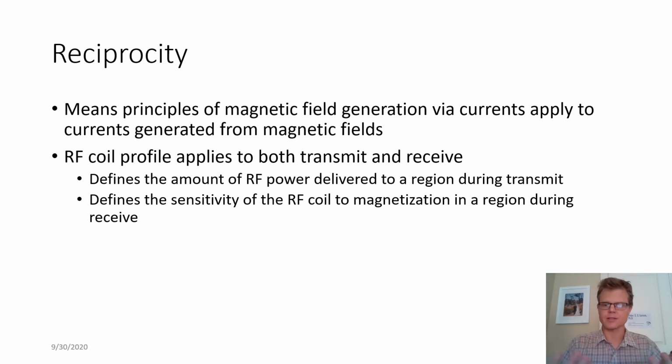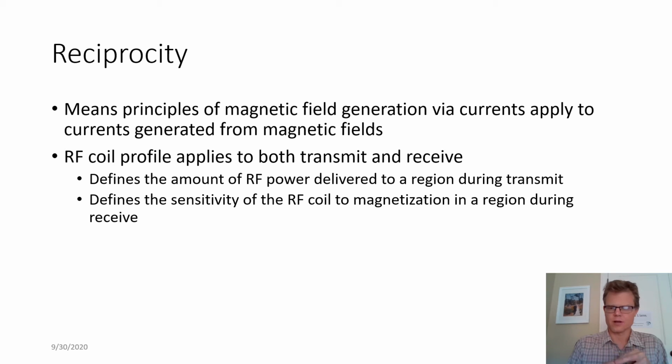Then we can translate that understanding directly back to the receive coils by this principle called reciprocity. That means the principles of magnetic field generation via currents apply to currents that are generated from magnetic fields. So if a current creates a given magnetic field, then if we have that given magnetic field change happening, we'll create the same current that we did before.